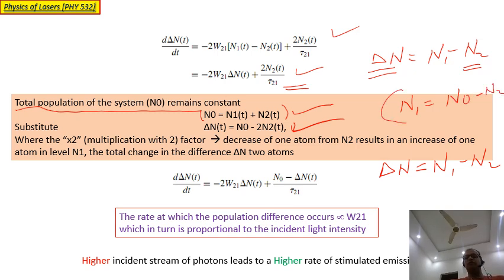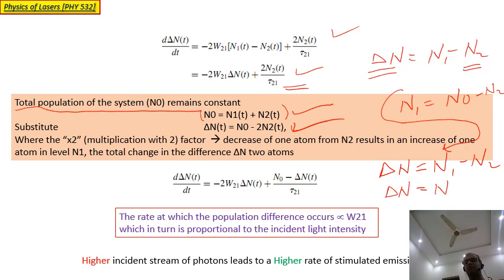We can substitute this one here. When we substitute this, what will delta n be equal to? n0 minus n2 minus n2. So that would be ultimately this one.